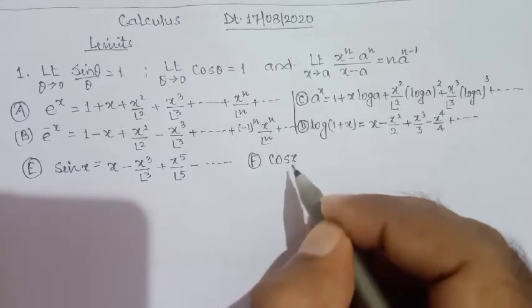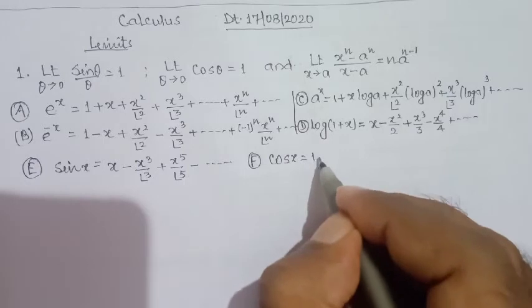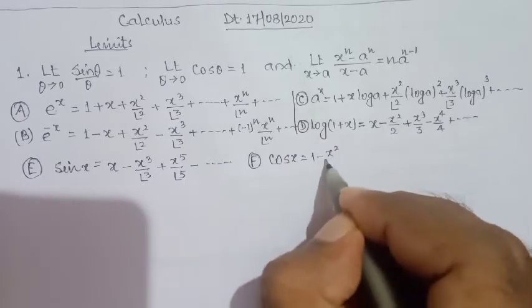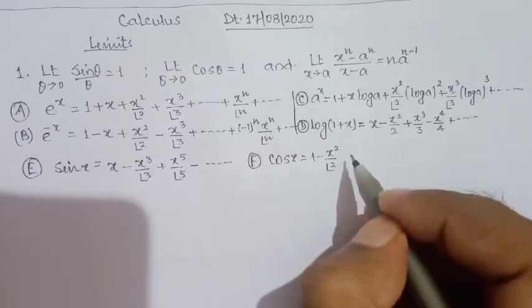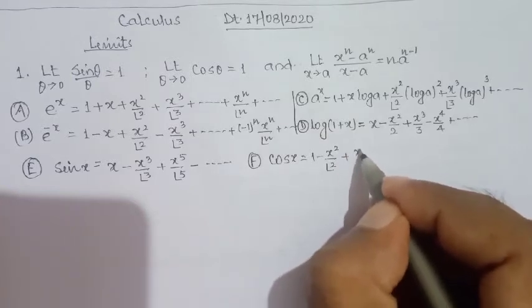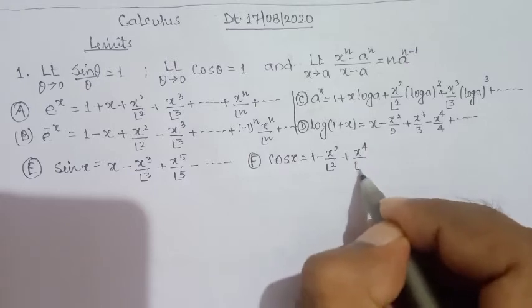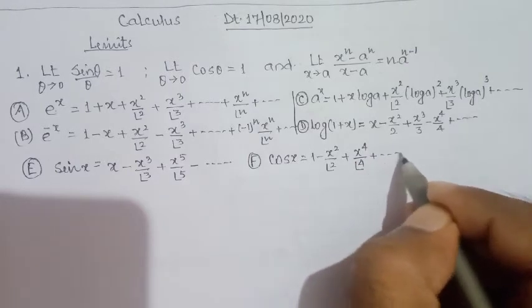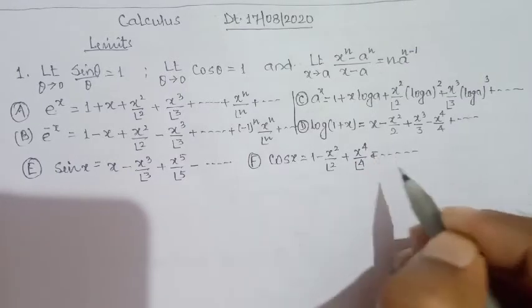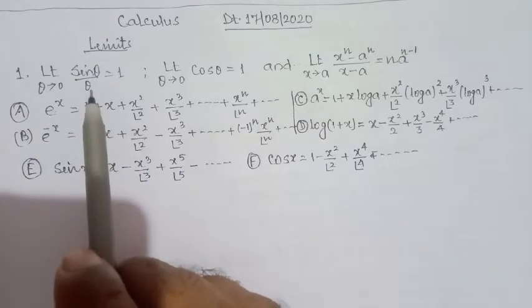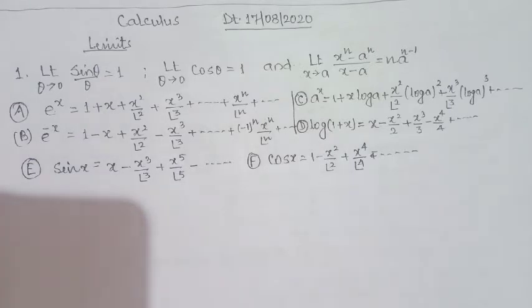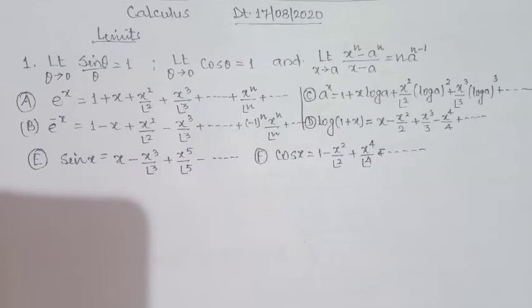Cos x would be 1 minus x square by factorial 2 plus x to the power 4 by factorial 4. This formula was derived during the derivation of sin theta by theta. So after deriving this one, let us start some problems.